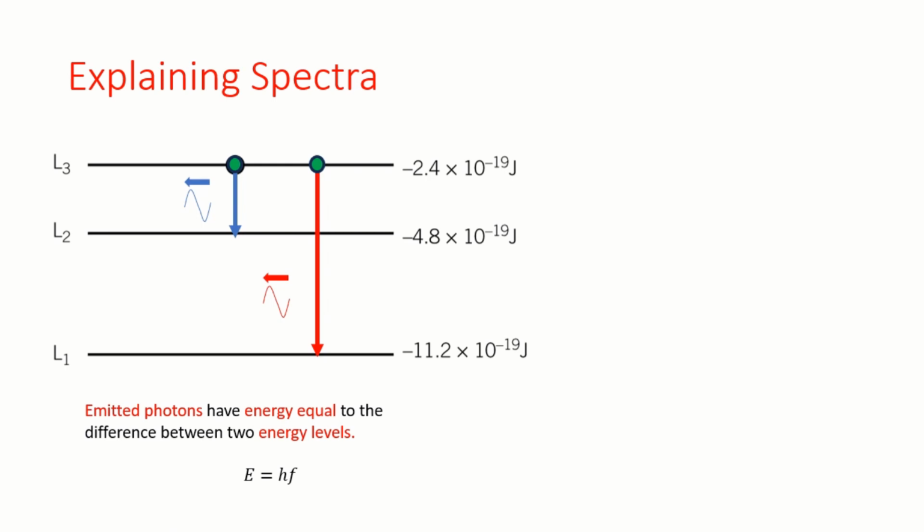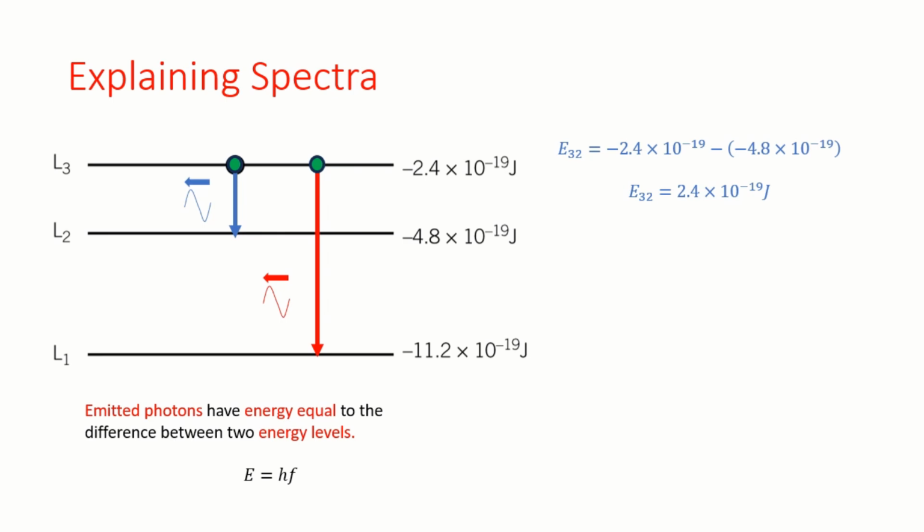Okay, so we could take an example here. Let's look at the L3 to L2 transition. We can see that L3 has an energy of minus 2.4 times 10 to the minus 19, and then our L2 has minus 4.8. Well, if we wanted to drop down between the two, then we'd have to do a calculation.